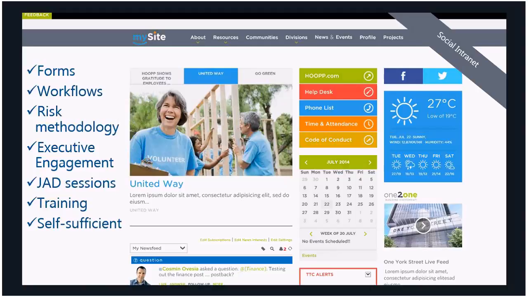In this particular project, they actually took on a lot of the work around the forms and workflows, and really our role was to help with the training, assisting with those JAD sessions, understanding their risk methodology to an extent where they were able to become self-sufficient.